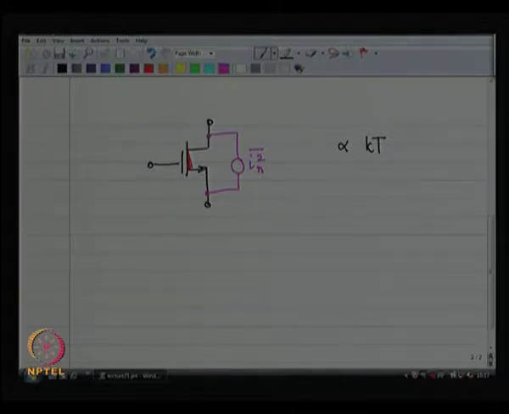Why did not I put a voltage source in series with the channel? Because it is hard to do that. Okay. It is hard to do that, and you are now getting within the dynamics of the MOSFET. So, you have to break up the MOSFET, it becomes difficult to analyze. So, instead it is easier to just place a noise current source in shunt with the channel.